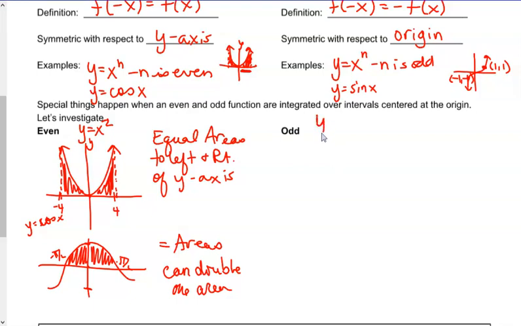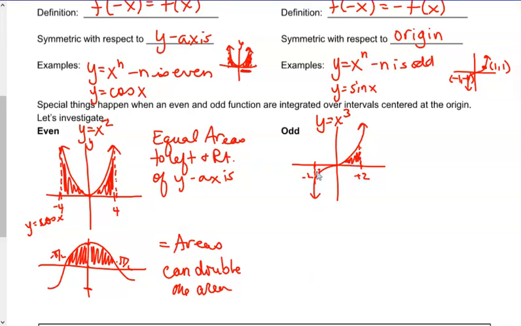Now, what if I look at the most basic odd function here? Well, I guess we could do y equals x, but let's get something better than a line. Here's my y equals x cubed, and say I'm going from negative 2 to positive 2, and I want the region bounded by the x-axis and the function.